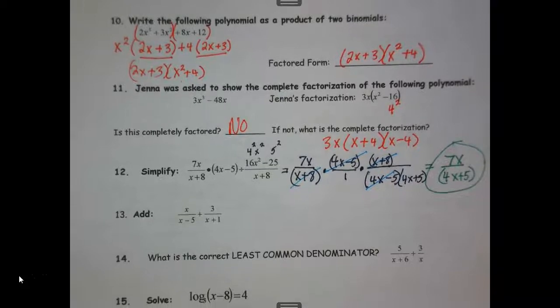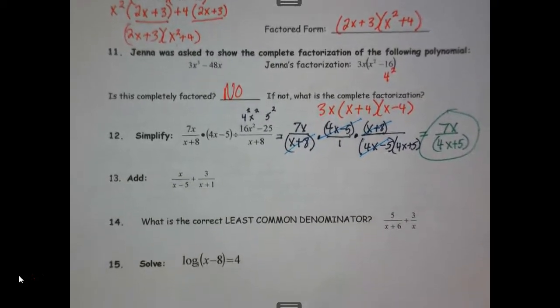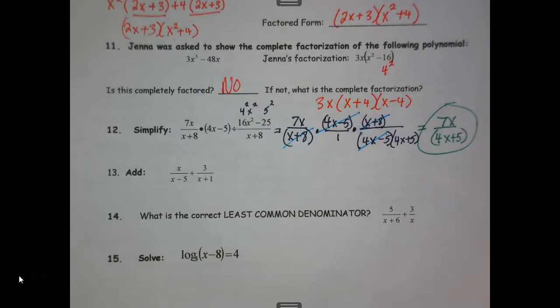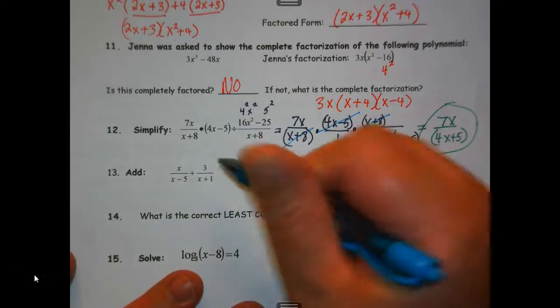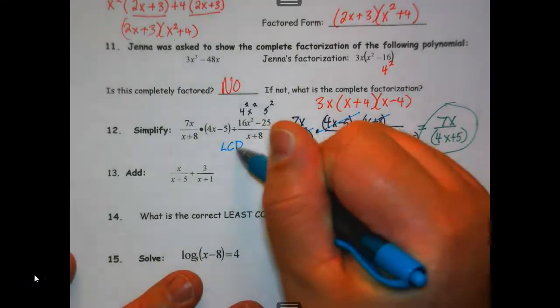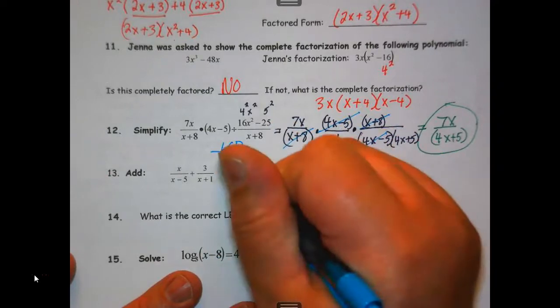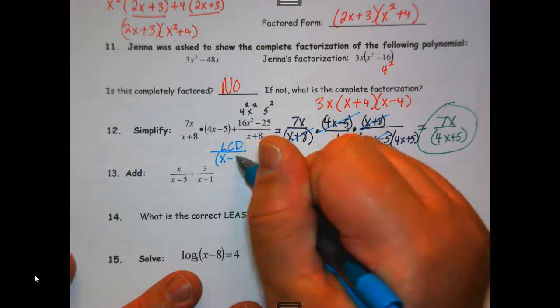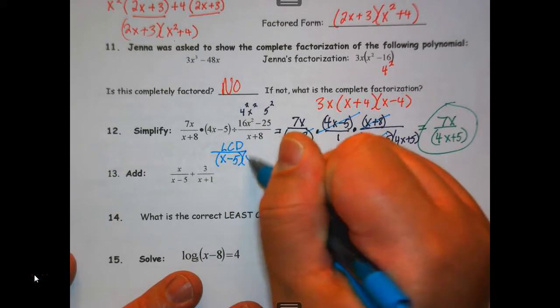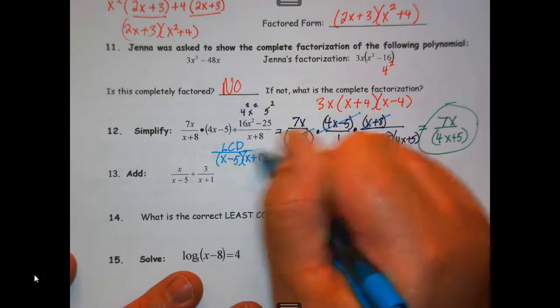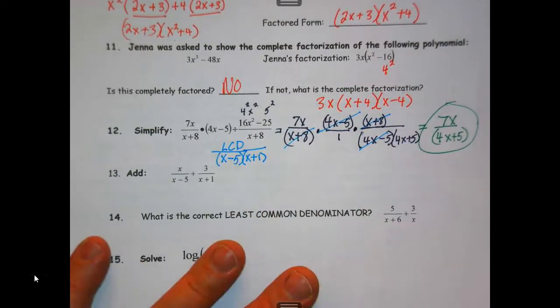Okay, 13. I have addition, so what am I going to need? Least common denominator. Multiply the denominators. X minus 5, x plus 1 happens to be my least.